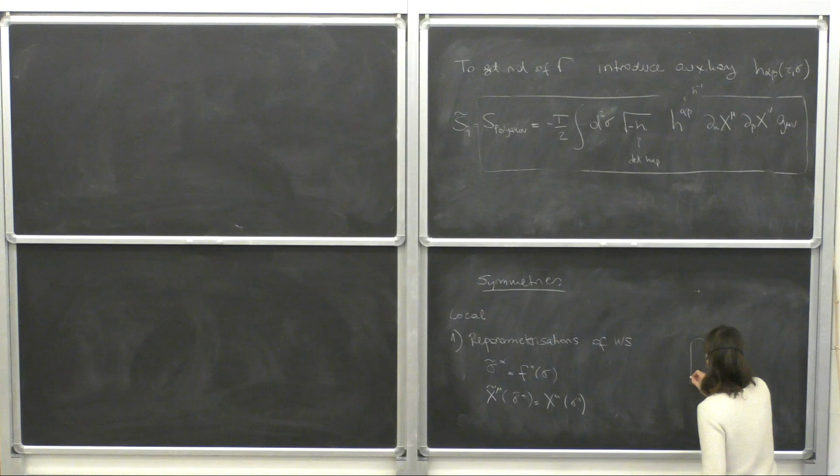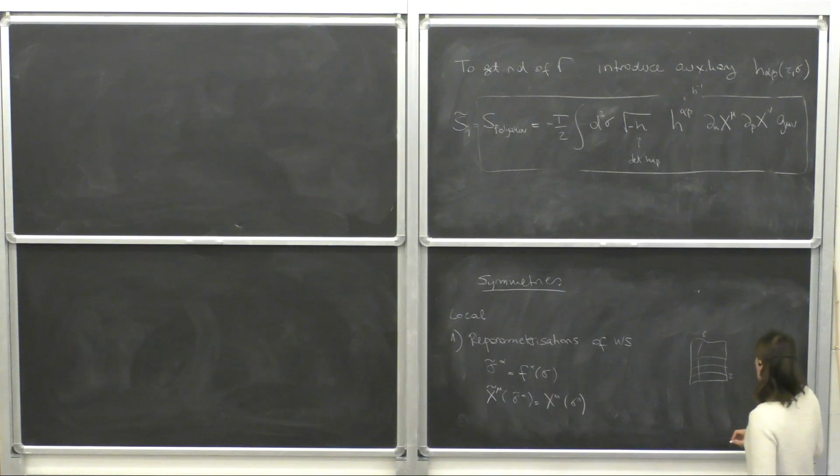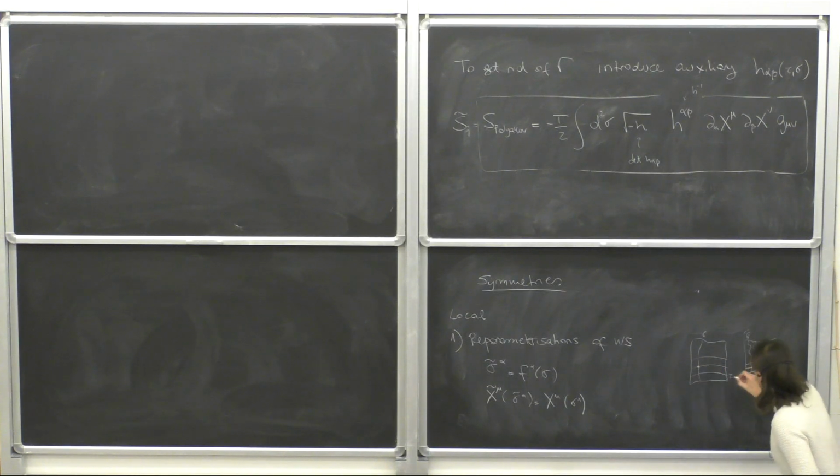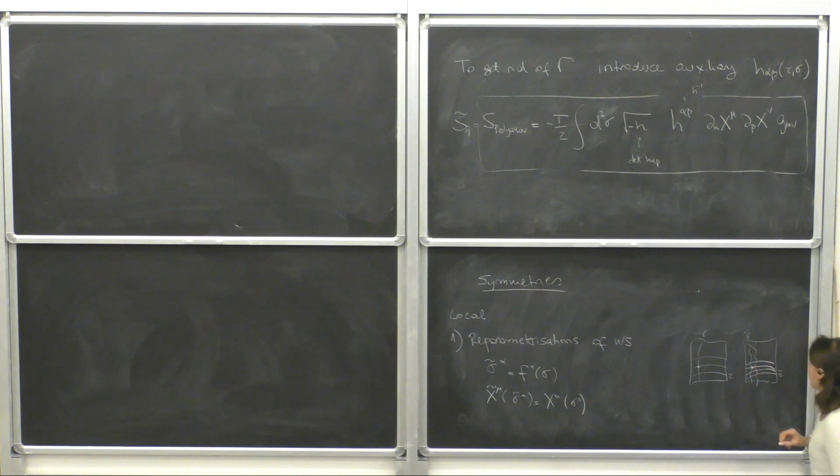On this worldsheet I can use these τ and σ coordinates, or I can use another τ̃ and some σ̃ coordinate to describe the same worldsheet.